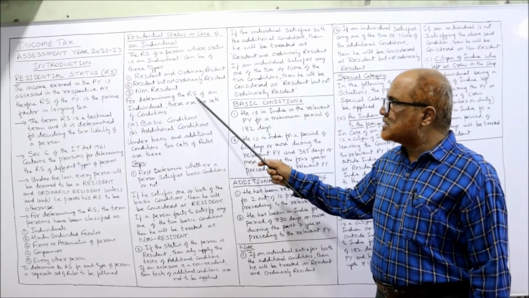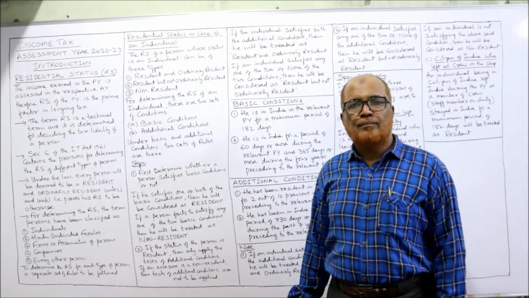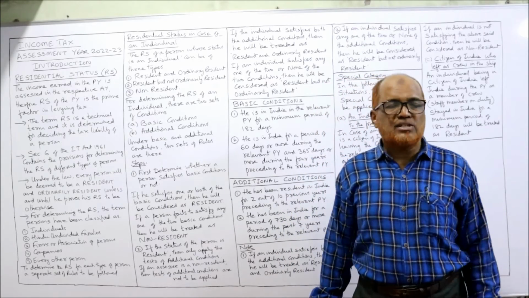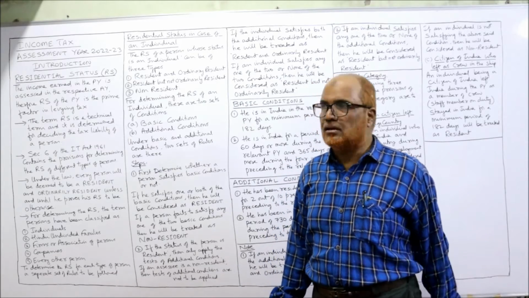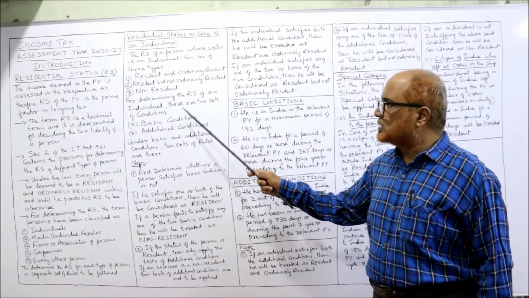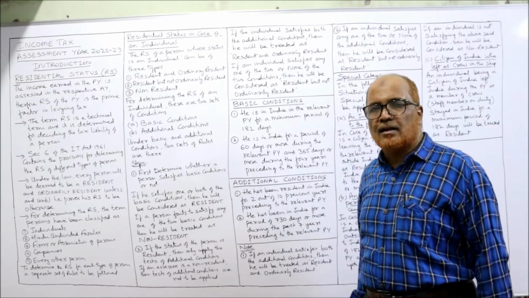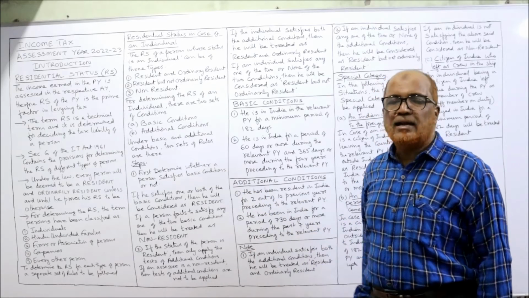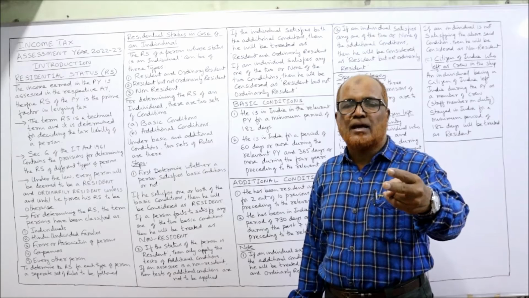For determining the residential status of an individual, there are 2 sets of conditions. Remember again, all these things what I am explaining you should be written in the examination, in theory, if it is asked. So for determining the residential status of an individual, 2 sets of conditions. The first set of conditions is basic conditions. Second one, additional conditions. These 2 conditions have been given by the Income Tax Act.